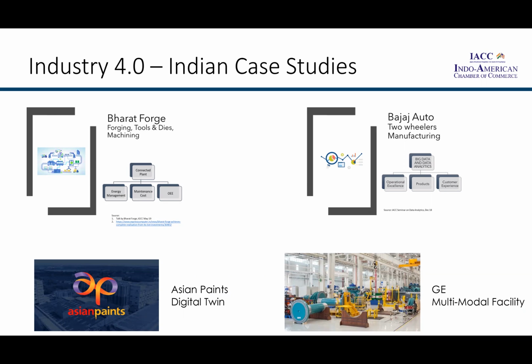So let's take the example of a company called Bharat Forge, which is an Indian company with global presence, including US and Europe. They specialize in forging tools and dies, and their products are well accepted in the automobile and defense sectors, among others. For them, the journey began on the shop floor and moved to connected plants. They developed a strategy, trained their workforce before actually implementing anything.